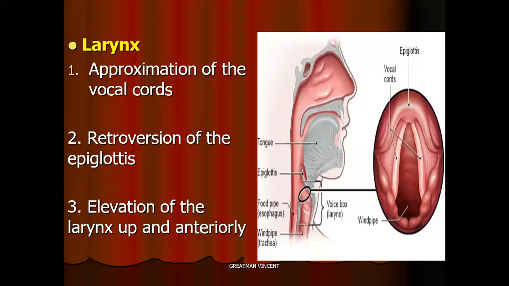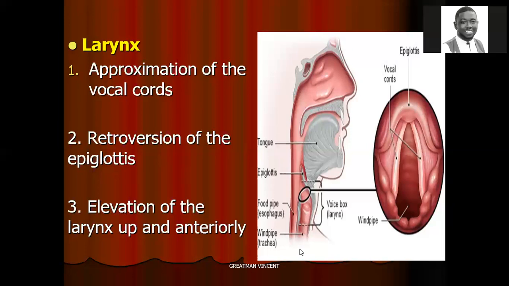So three things happen for food not to enter into the trachea. Number one, approximation of vocal cords. Number two, retroversion of the epiglottis. Number three, elevation of the larynx up and anteriorly. All these mechanisms are there to ensure that food gets into the esophagus, which is our desired pathway.